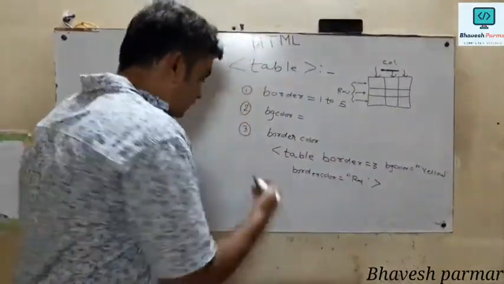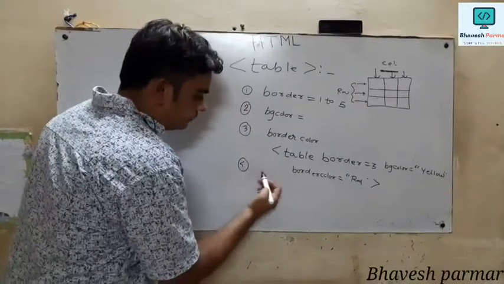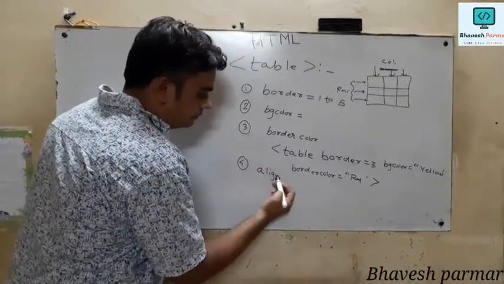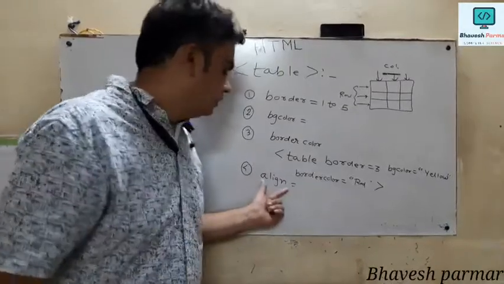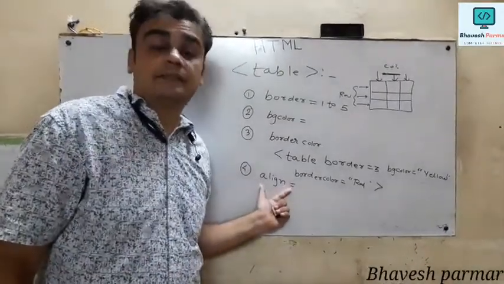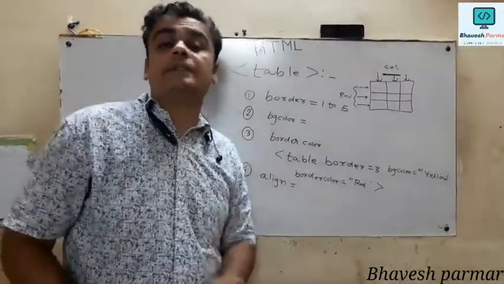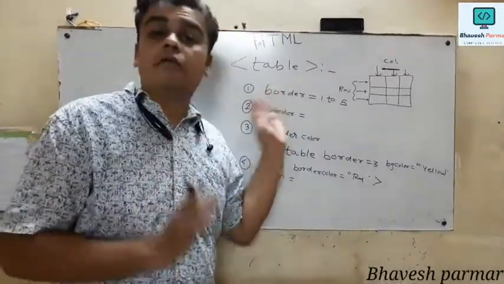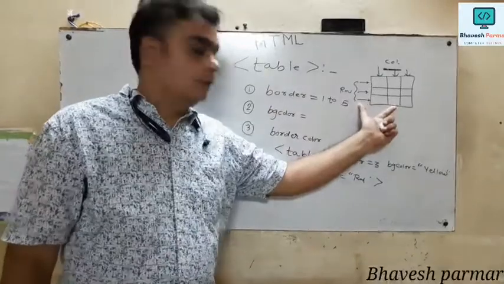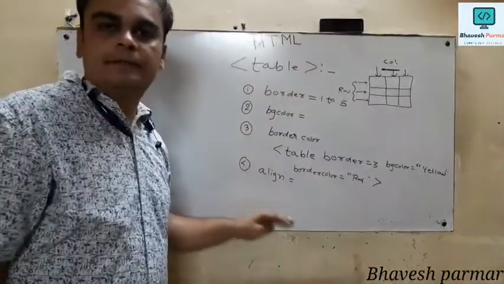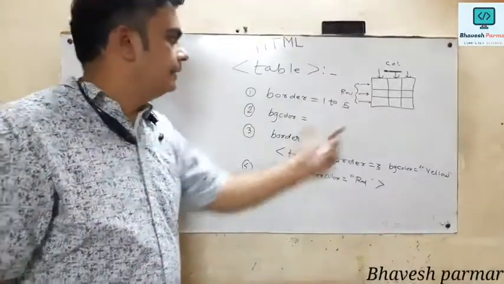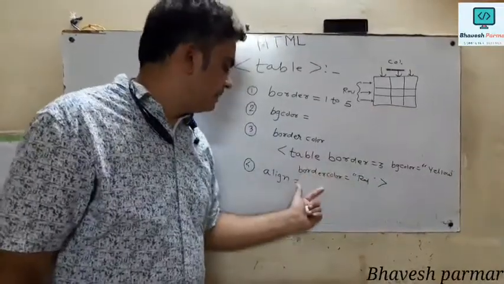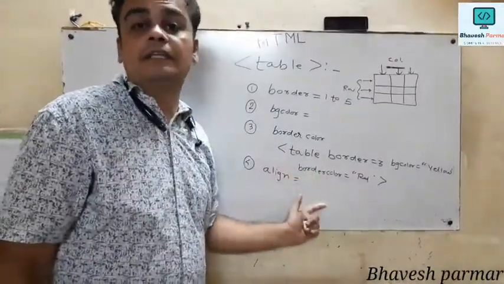Thereafter our next attribute is align. Now what does this attribute represent? The align attribute represents the actual alignment of the table in a web page, meaning its visibility. Suppose this board represents your screen, and this is the table, and if I specify align equal to left, then what happens?